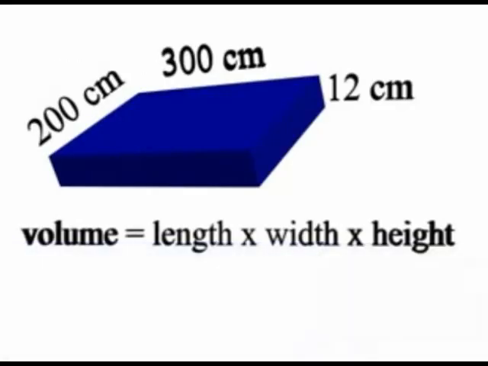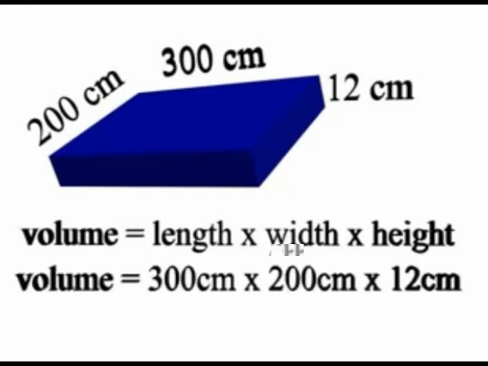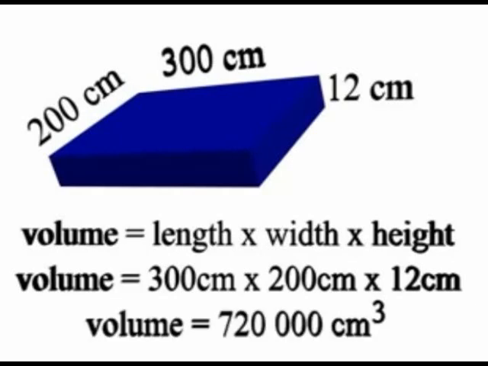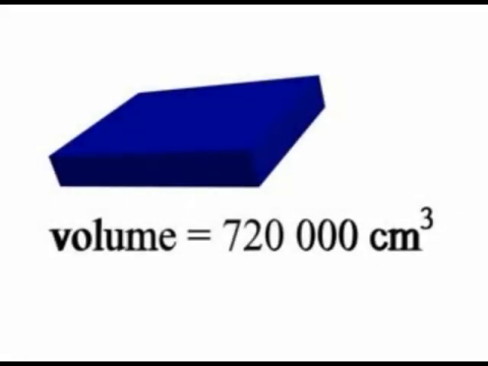The volume of a rectangular prism is given by length times width times height, that is 300 centimeters times 200 centimeters times 12 centimeters. This is the volume displaced.